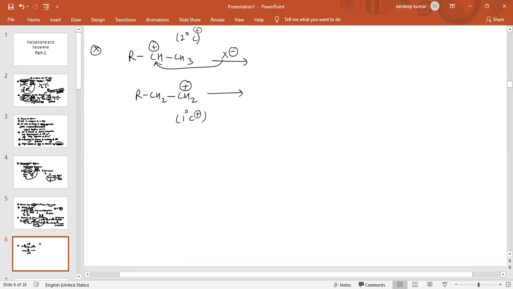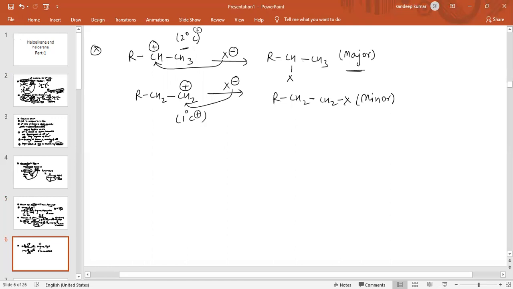X minus attacks at this position, so this is RCHX CH3, and because this carbocation is more stable, this is the major product. Now if the nucleophile attacks at the other carbon, we get RCH2 CH2X, and this product will be the minor product. So this is the mechanism of this reaction.